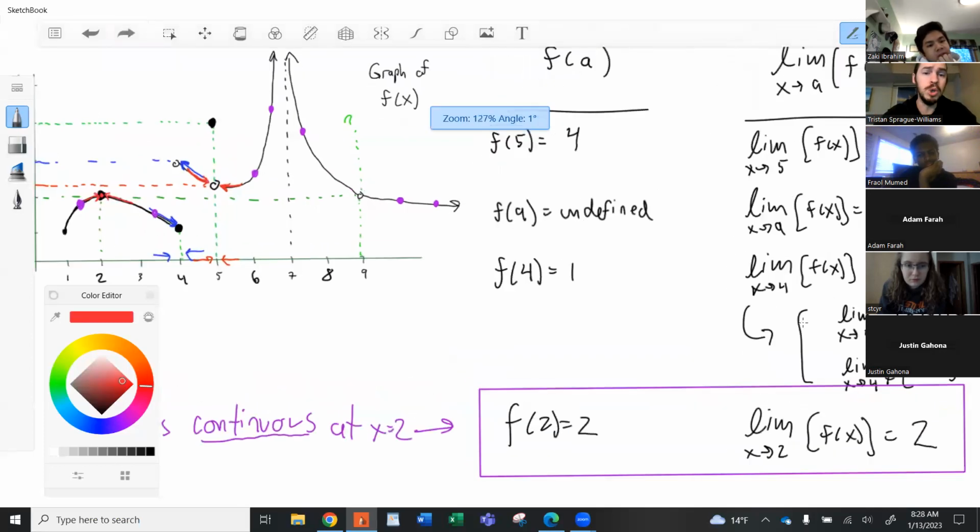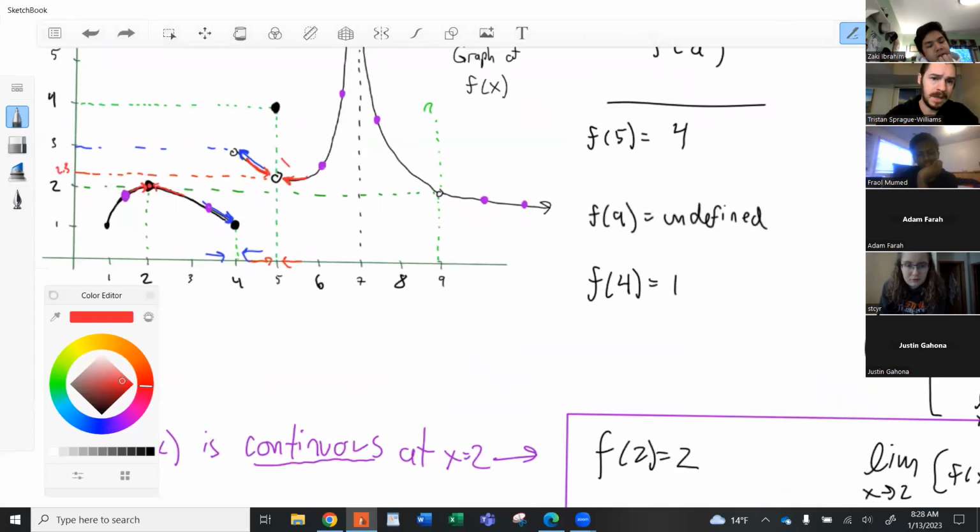It's called a removable discontinuity. I'm going to put a little star next to this one and a little star next to this one. These are called removable discontinuities. I'm kind of getting ahead of myself here. This is actually introduced in 2.3, but since you're asking, I thought it might be worth talking about.